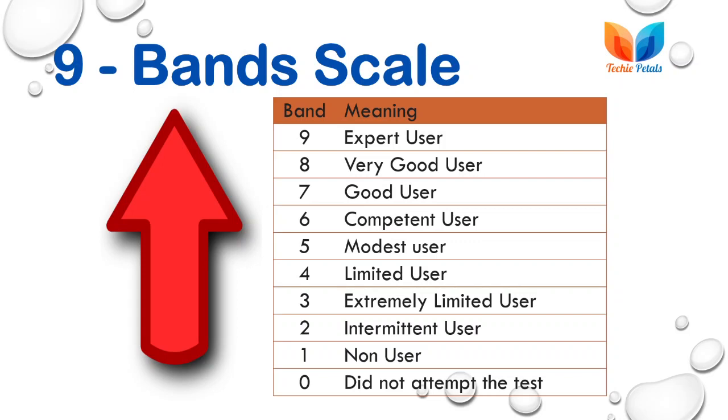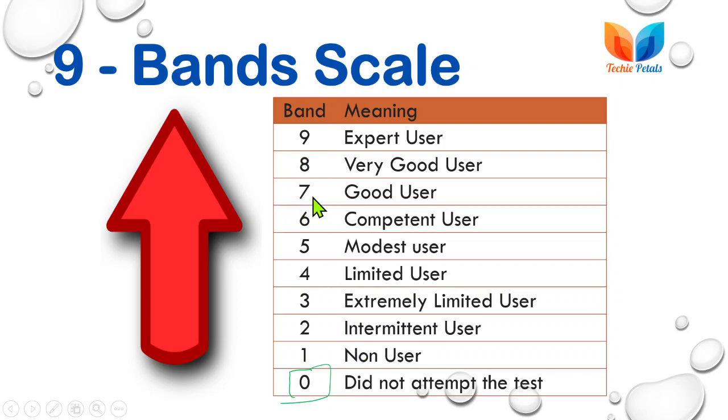The more expertise you have with the language, the higher your band score. But band 0 is reserved for the person who has not appeared for the exam. Usually we will have a score from 1 to 9 if you are appearing for the IELTS exam.